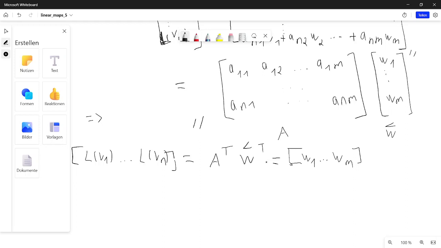Right, if you transpose this, of course, you have to transpose it properly. So this multiplication actually will be this multiplication, right?